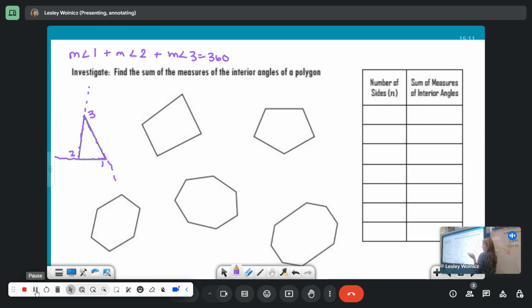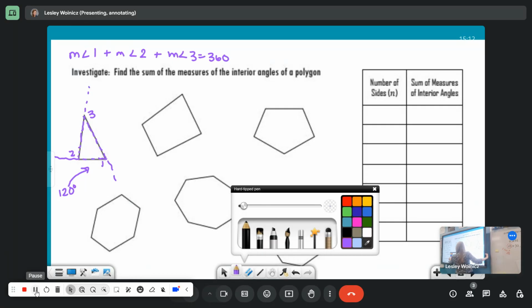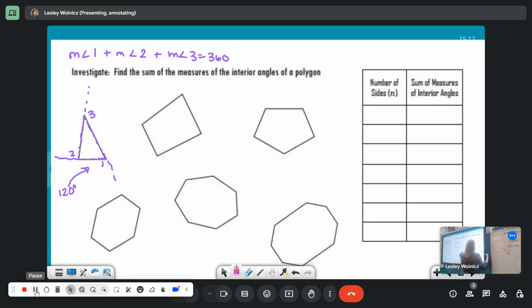Wouldn't it just be 360 divided by 3? Which would be 120. So we're going to pretend like each of these is 120, which, if we now think about what would be supplementary to 120, is 60. Times 3 is 180.